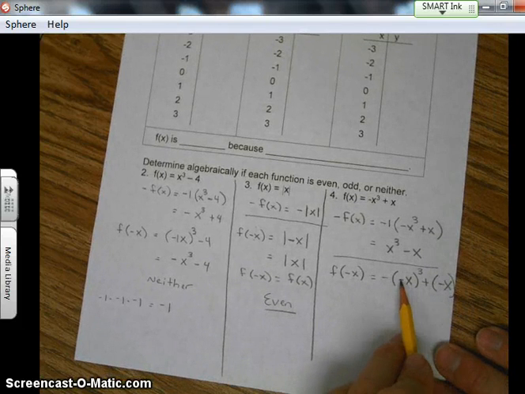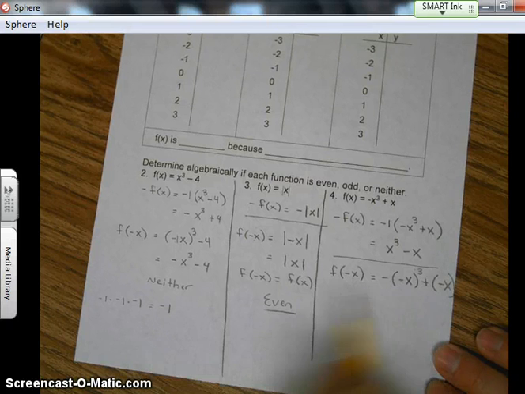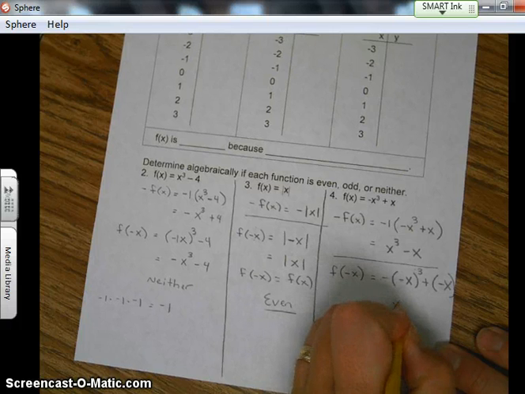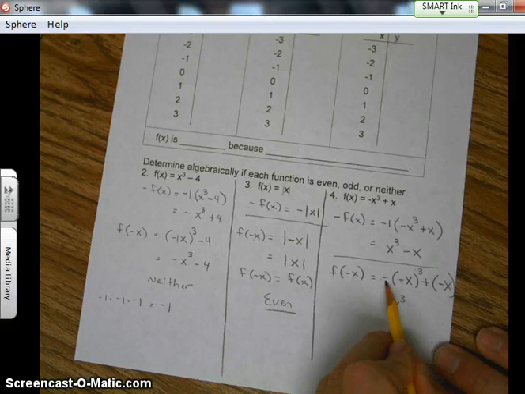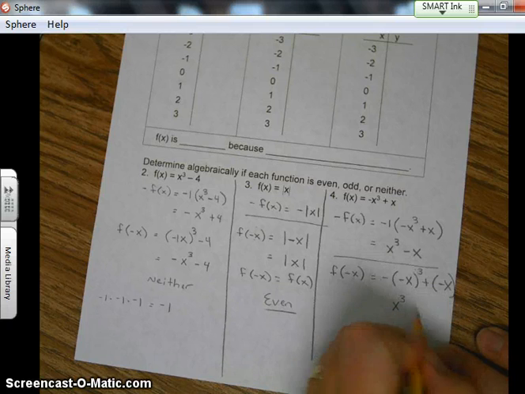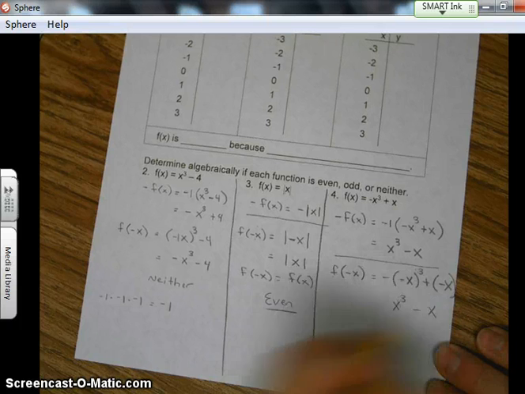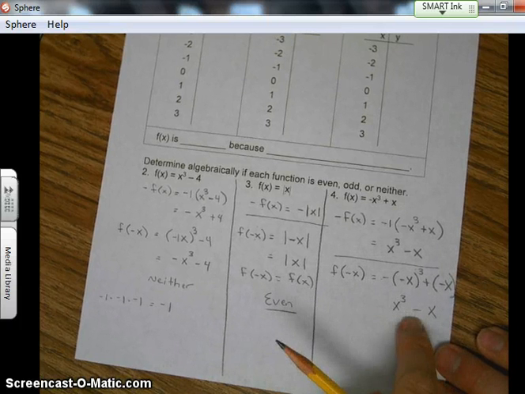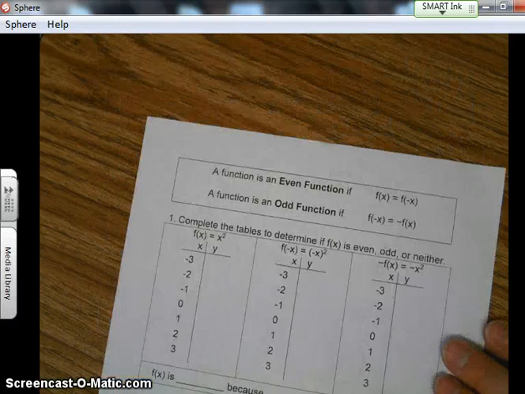So a negative 1 to the third power is negative 1. Negative 1 times negative 1 is positive 1. Make sure you cube that negative 1 before you multiply by negative 1. Order of operations. And then minus, because a positive times a negative is a negative, minus x. Okay, so does this match the original? No. So it's not even.